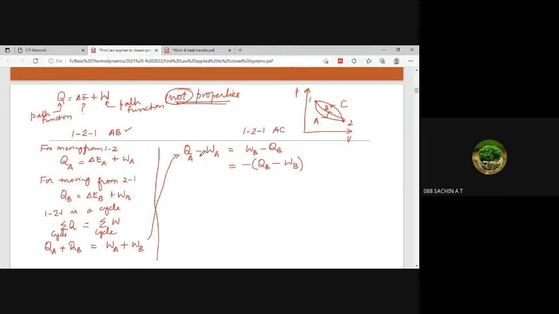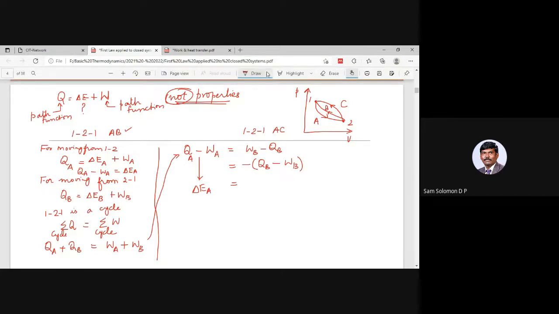Okay. So if you look at the first equation, QA equal to delta EA plus WA, if I rearrange, this becomes QA minus WA is equal to delta EA.